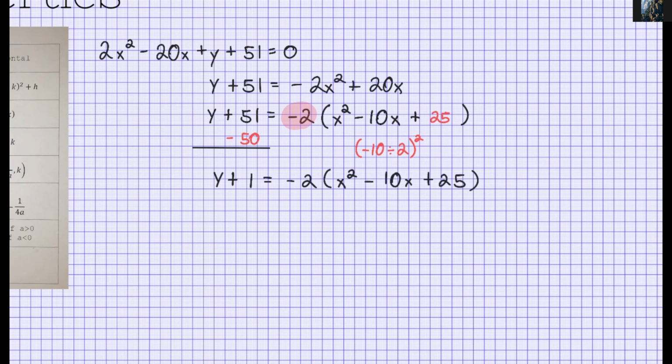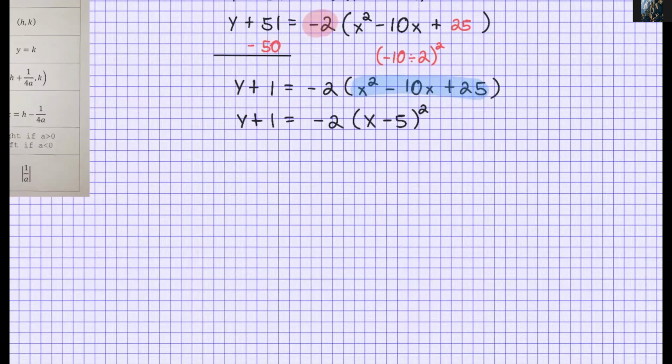Now I am going to factor this trinomial. So I have y + 1 = -2(x - 5)². And then finally, I do the last isolation: y = -2(x - 5)² - 1.